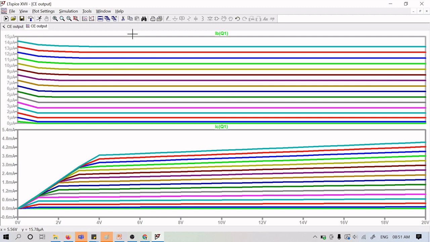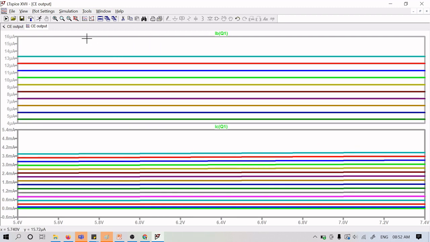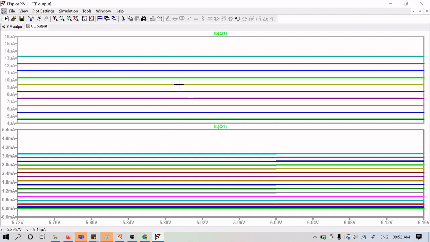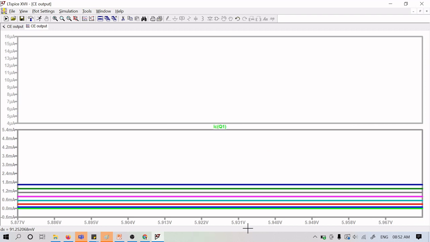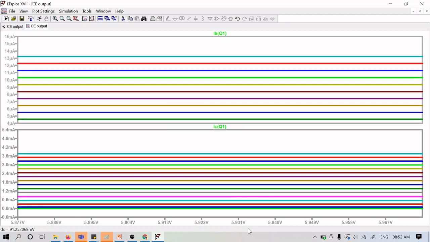You can measure in the range of 5 to 6 or so. I have set the scale and zoomed, that's it, very simple. Now you get a clear straight line without ups and downs, so now you can see the saturated current.